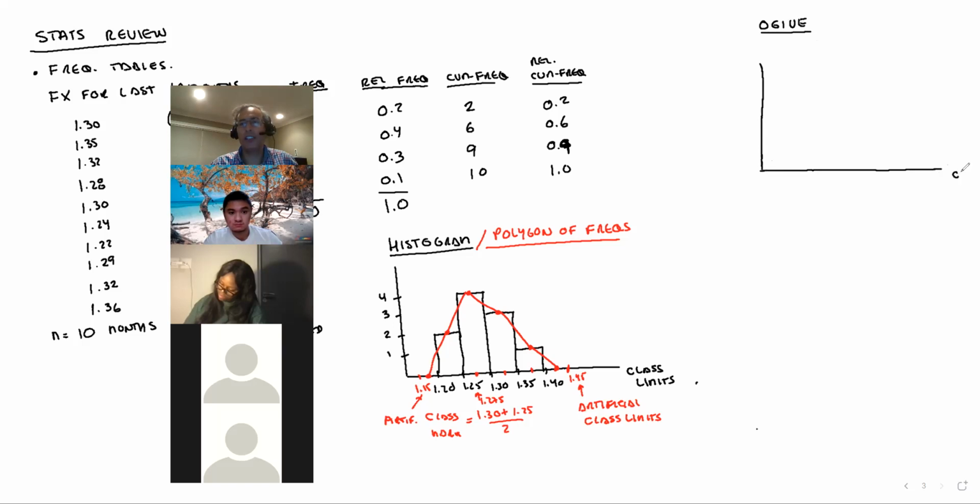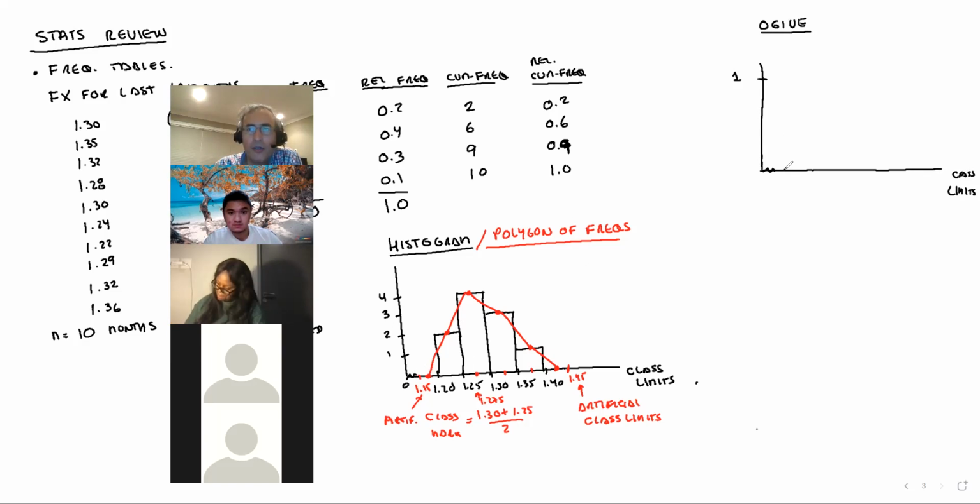So again, I have my class limits. The maximum that the relative cumulative frequency can take on is 1, correct? So we cannot have 1.5; by definition it is 1. So I have my class limits.